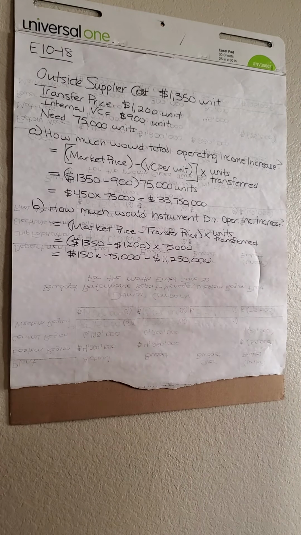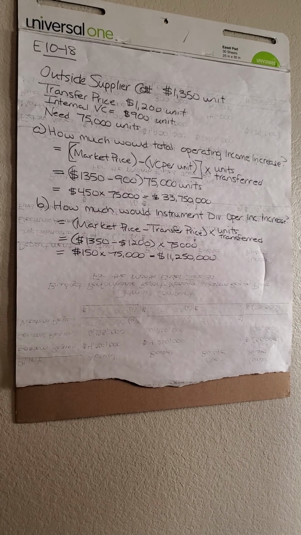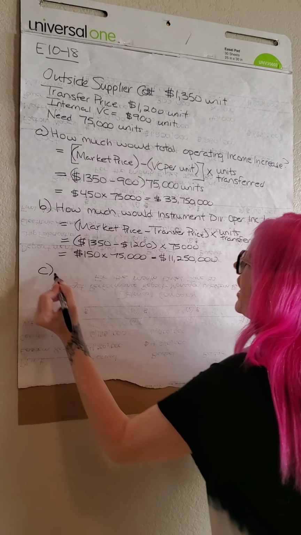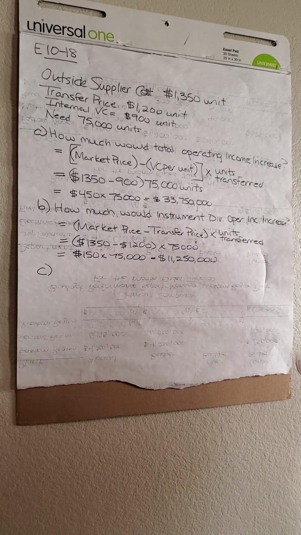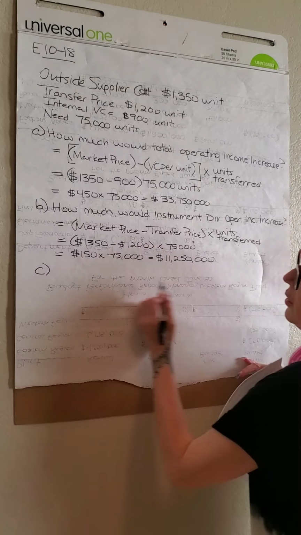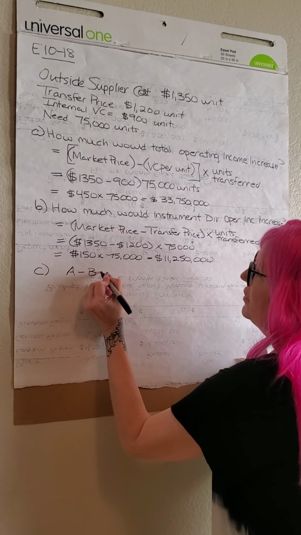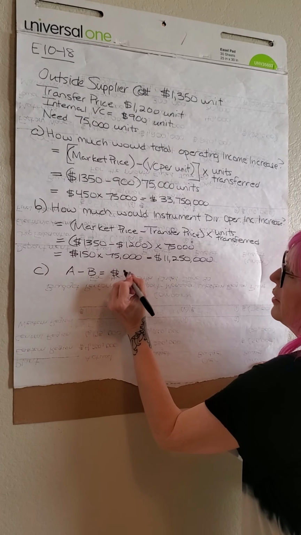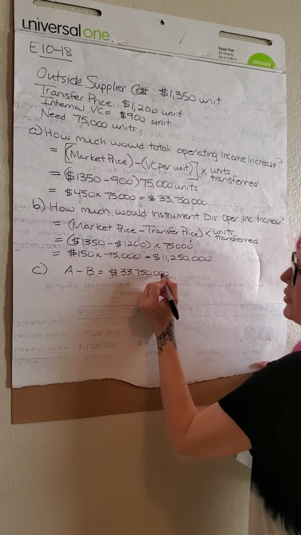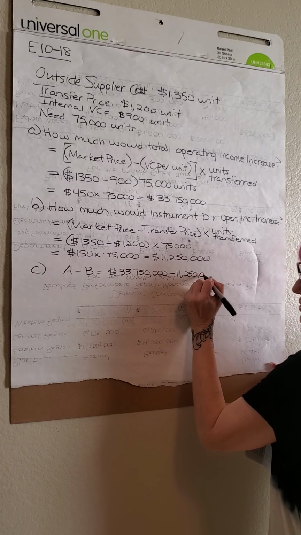So that's B. In C, it says, how much would the components division's operating income increase? So for C, you're just going to take A minus B. So it's going to be 33,750,000 minus 11,250,000.